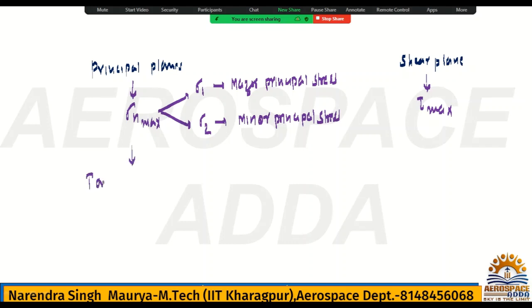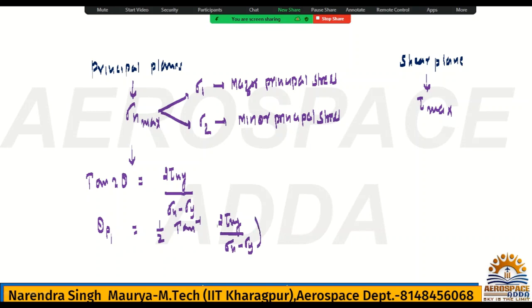Then you got the orientation of this. What was that? Tan 2 theta for the principal plane I'm saying. It was 2 times tau xy divided by sigma x minus sigma y. So if you go for the first plane, which is nothing but theta p1, theta p1 will be 1 by 2 tan inverse of 2 tau xy over sigma x minus sigma y.